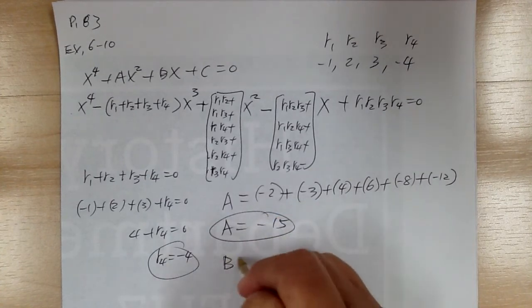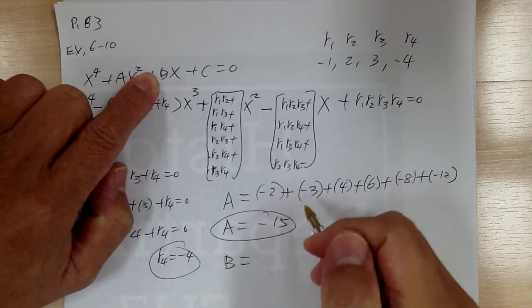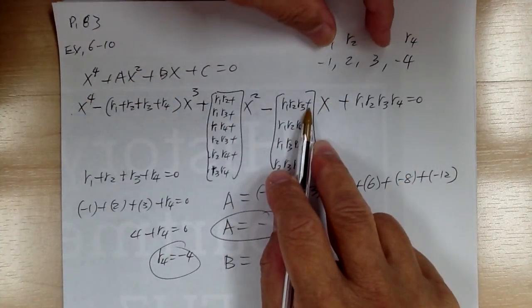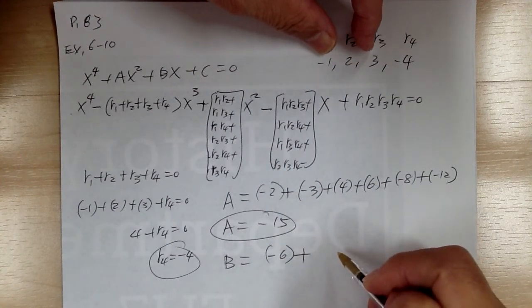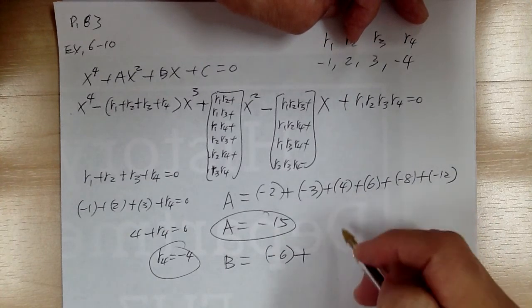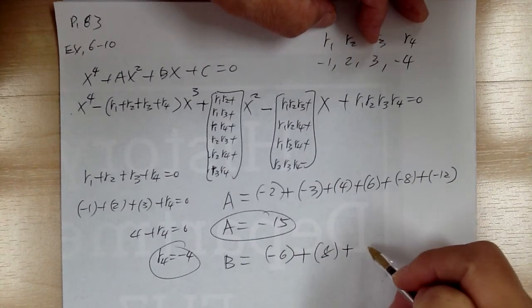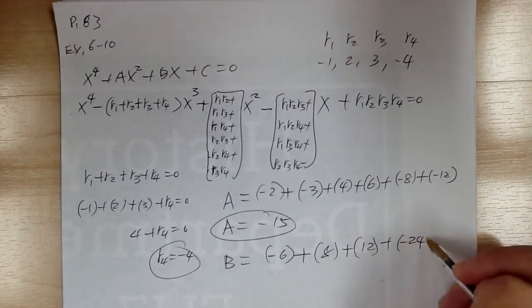Okay, for b, b is the x term, matching with these. So again, you come over here, so it'd be r1 r2 r3, so it'd be negative 6, plus the next three would be 8, plus the next three would be 12, next three would be negative 24.